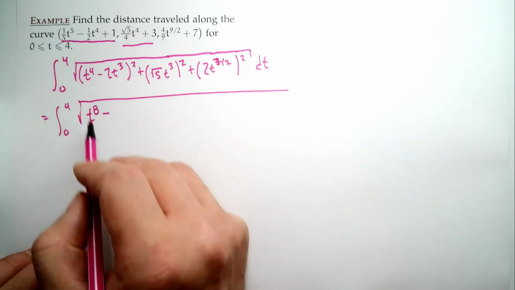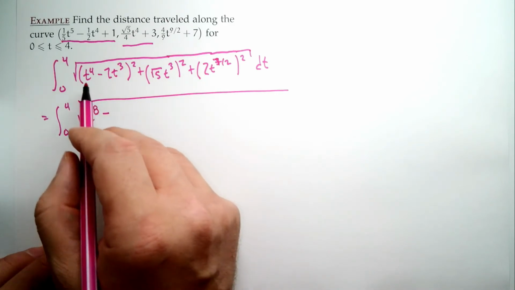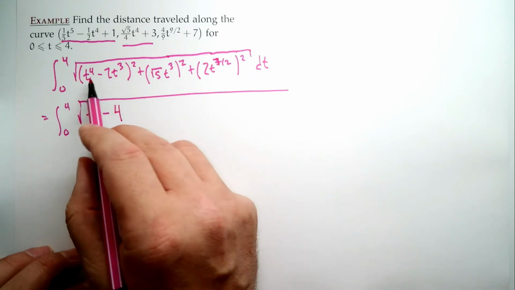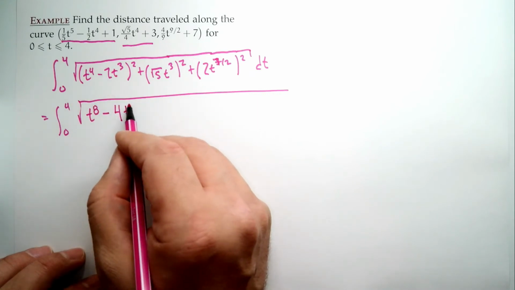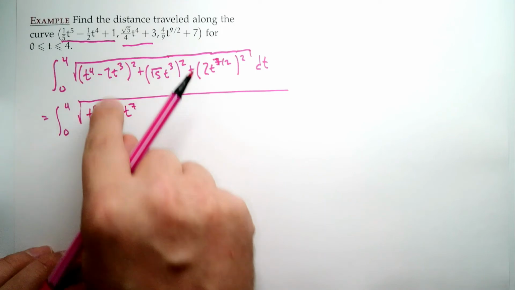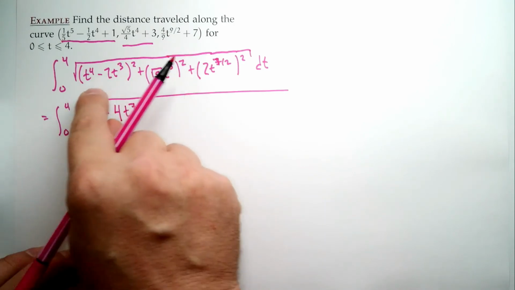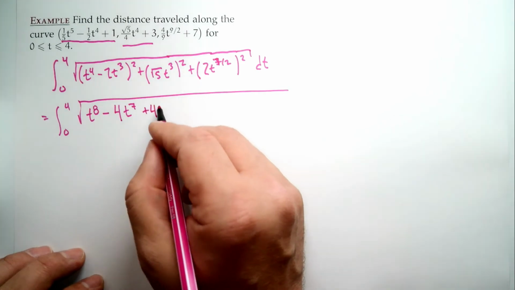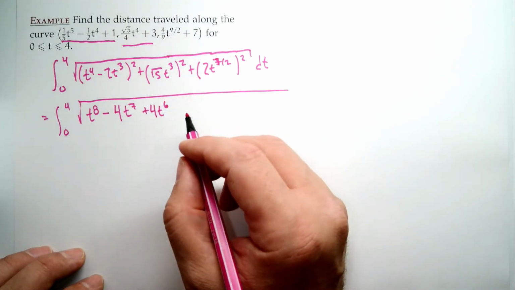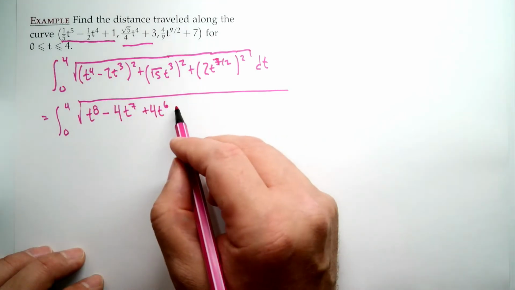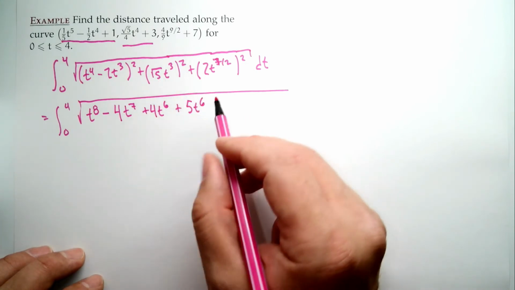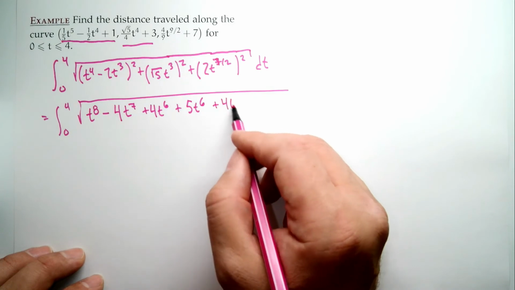So the t to the 8th, that's like the first term, a squared, then minus 2ab. So that becomes 4t to the 4th times t cubed, which is t to the 7th. The 4 comes from 2 times 2, really 2 times negative 2, and then the powers add up. Then plus 4t to the 6, square root of that term. The middle term is 5t to the 6, because you square it. And the last term is plus 4t to the 7th.